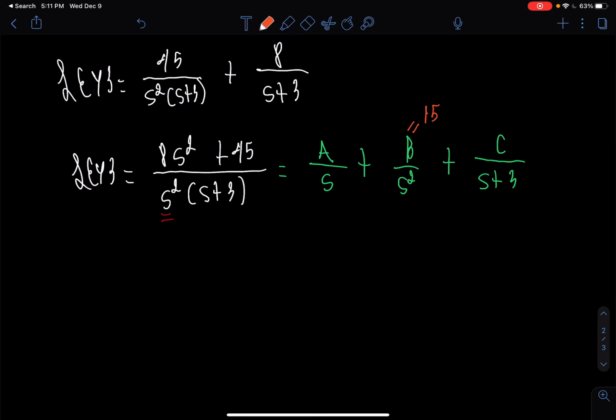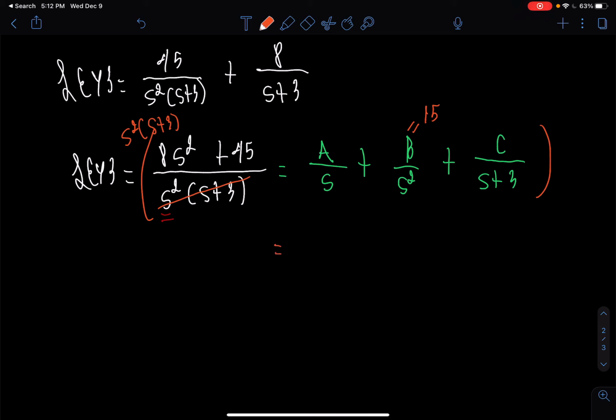Now this becomes a little bit easier. We're going to multiply both sides by the denominator, which is s squared times s plus 3, which will get rid of the fractions.